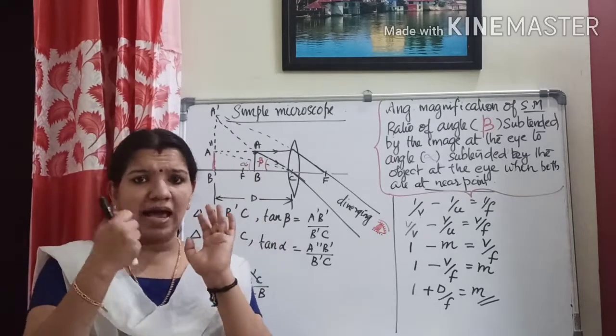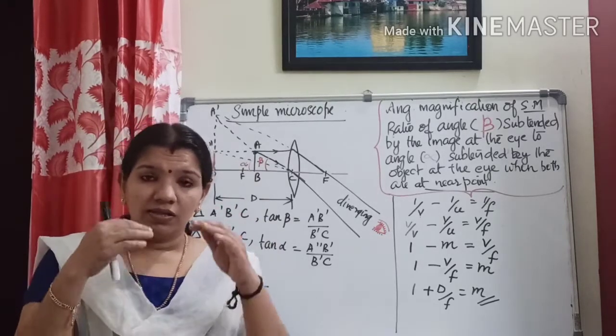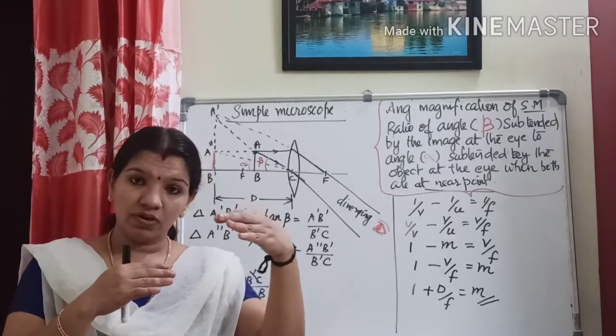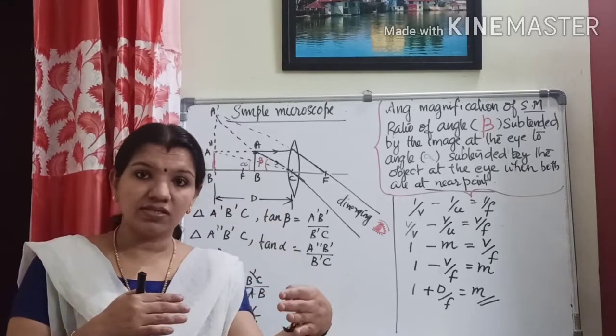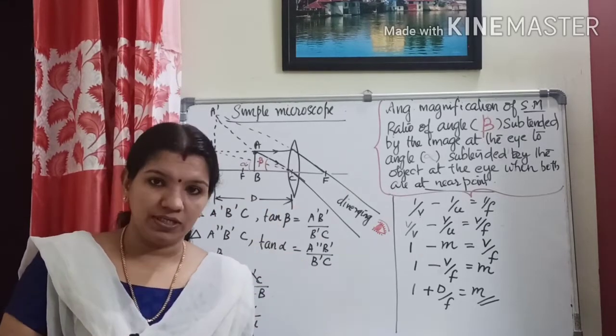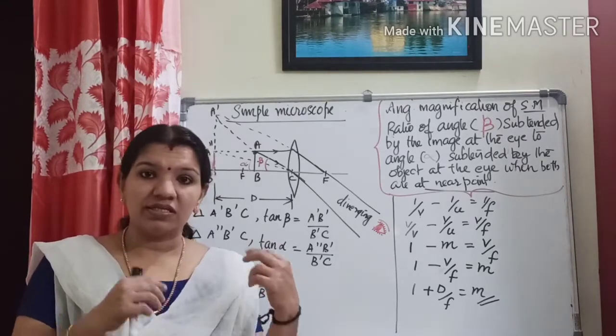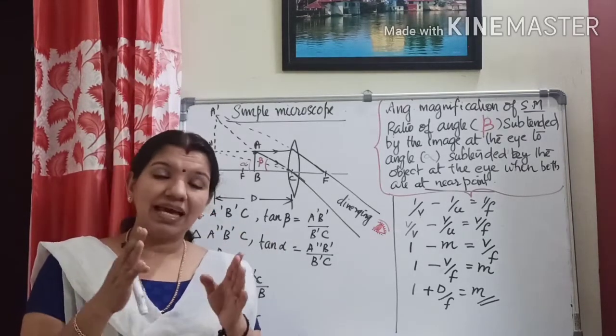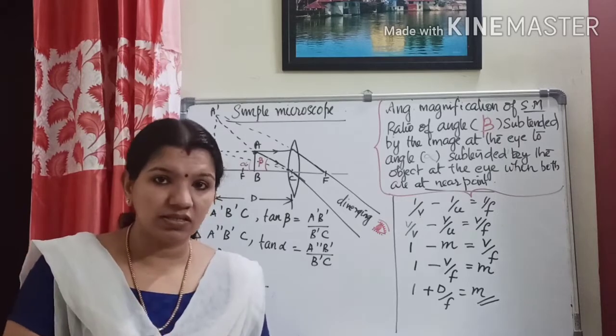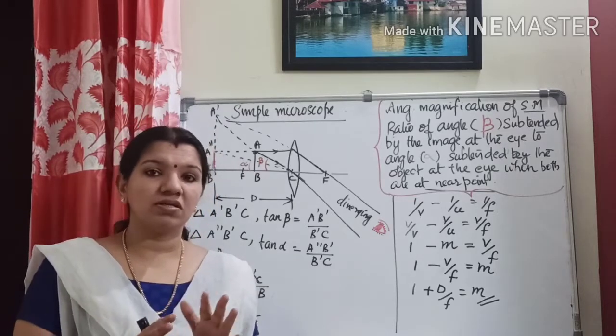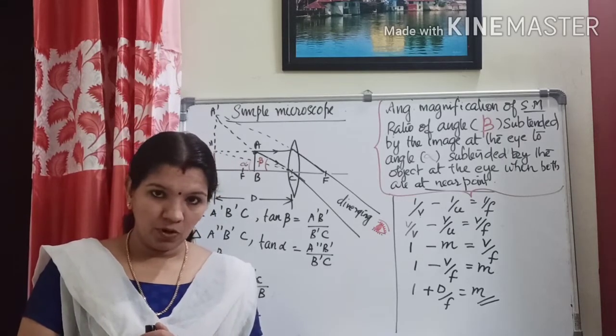Our purpose is to magnify, right? And the image can be formed either at the least distance of distinct vision or at infinity. So two cases we have to discuss. Here we are discussing the first case where the image is formed at the least distance of distinct vision, represented by the letter capital D.